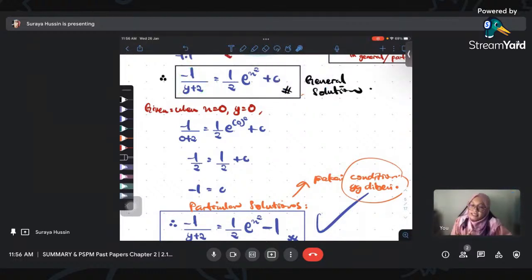It's not that easy to rearrange it until you will get single Y. So kalau yang susah-susah macam ni, tak payah bersusah payah untuk buat Y juga. Hanya yang senang-senang sahaja, contohnya macam 1/Y, contohnya macam XY ke apa. Yang itu senang lah. So this one, some questions dia tak perlu pun jadikan single Y. Dia boleh letak dalam bentuk yang kompleks ni macam ni.